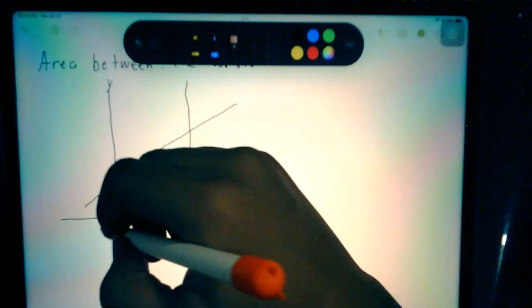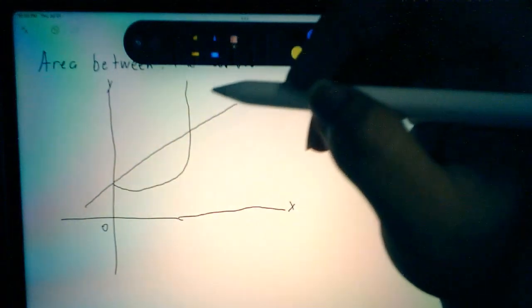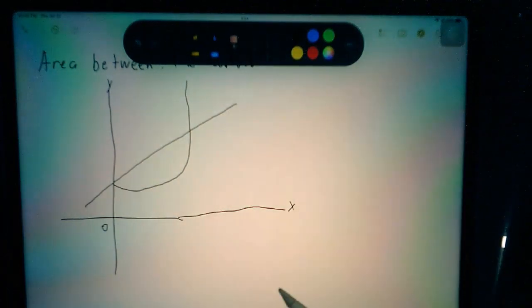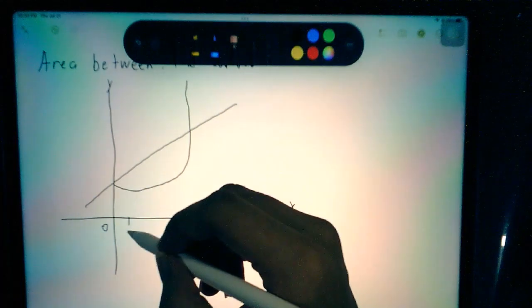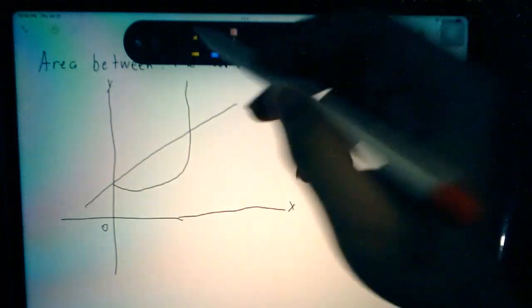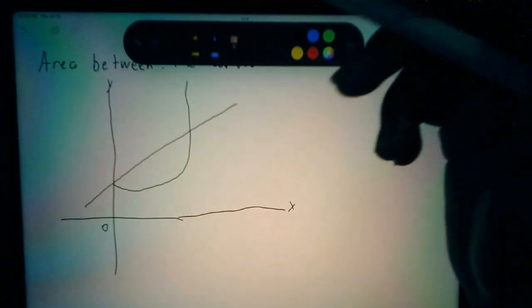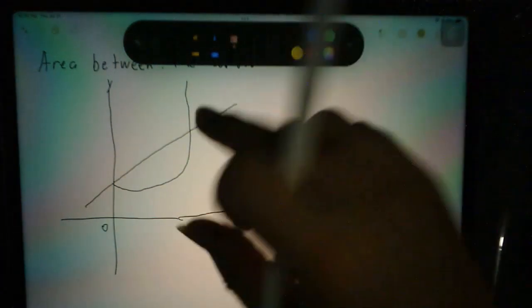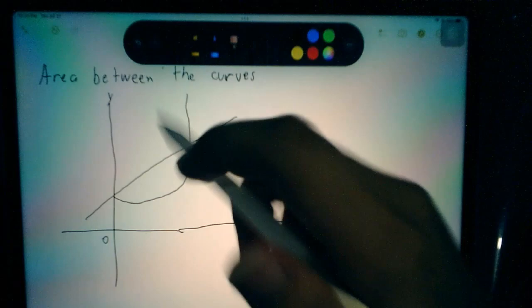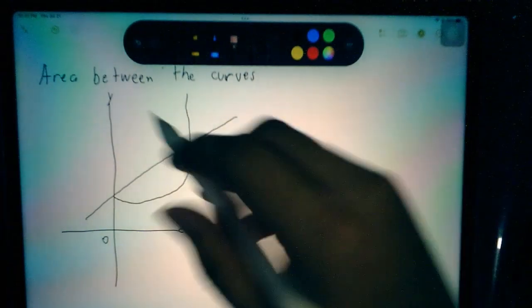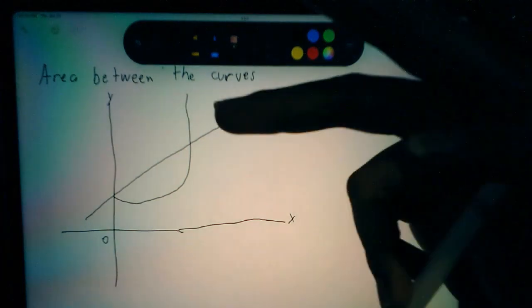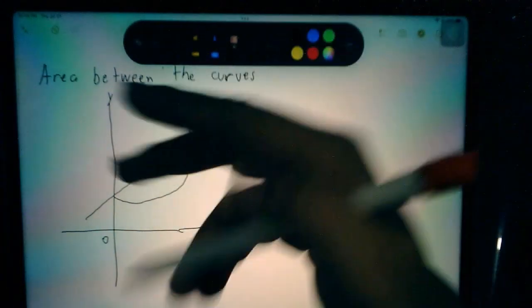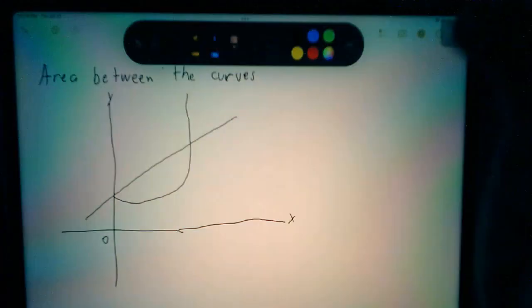Now this is our 0, and from points A to B. Oh no, that's wrong. So now imagine area between the curves always has two curves that intersect with each other.